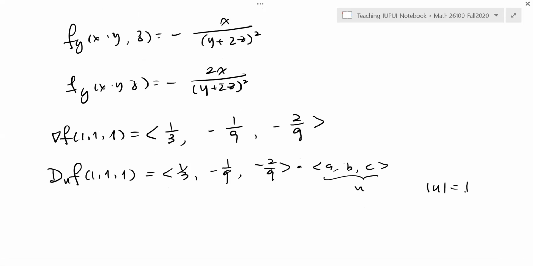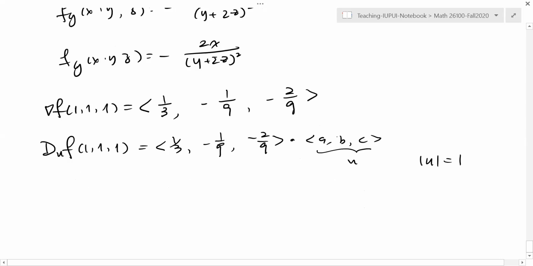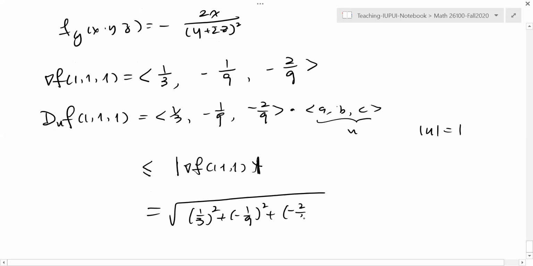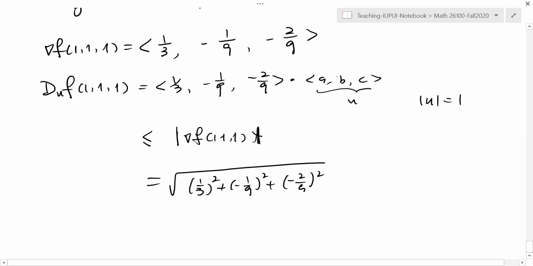We restrict to the unit circle, the length of u equal to 1. So according to the above argument, this is always less than or equal to the length of the gradient, which is the square root of (1/3) squared plus (1/9) squared plus (2/9) squared. Now you can simplify it.